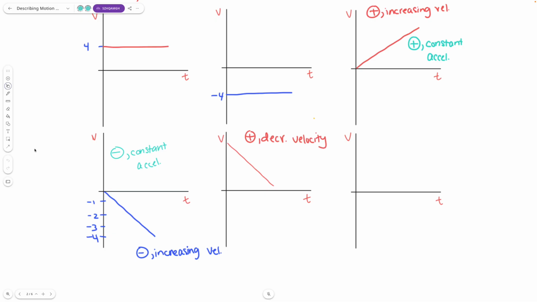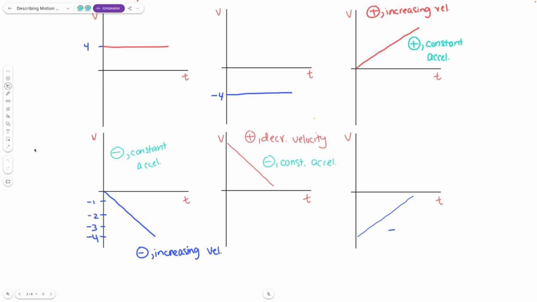But if I'm describing acceleration, I'm looking at the slope. So here I have a negative constant acceleration. I'm using a little bit different abbreviations on my different graphs here. But then if I want a negative and decreasing velocity, I'm below the x-axis, and the line on my graph is heading toward 0.